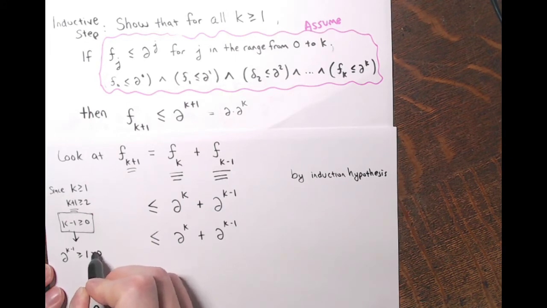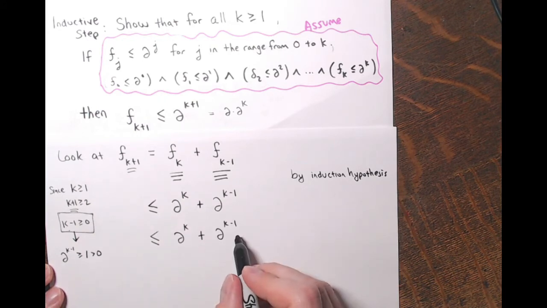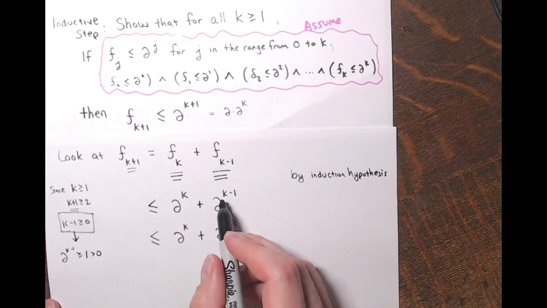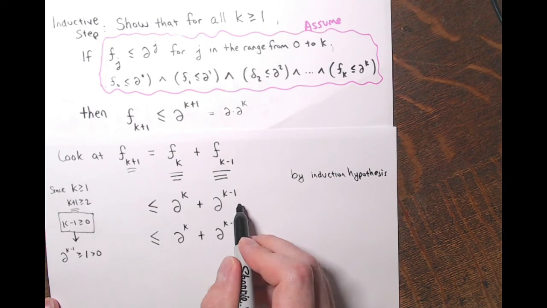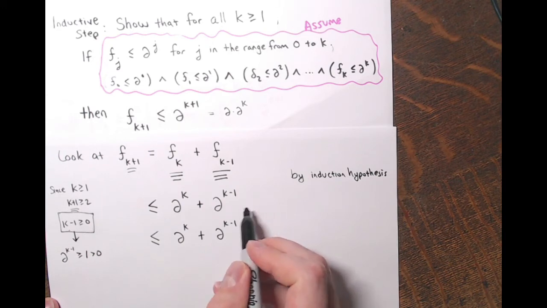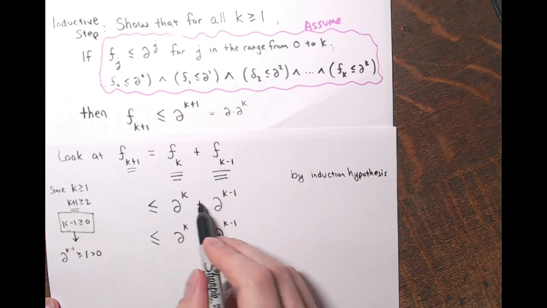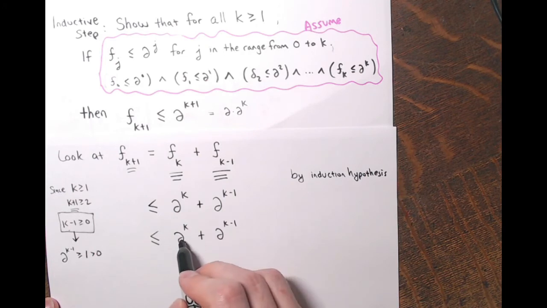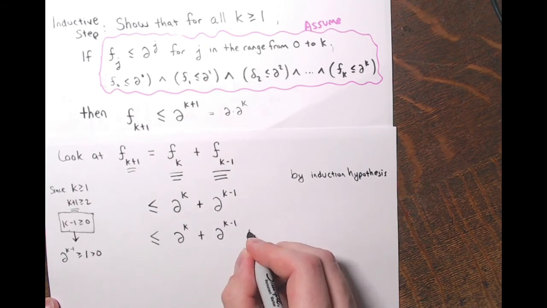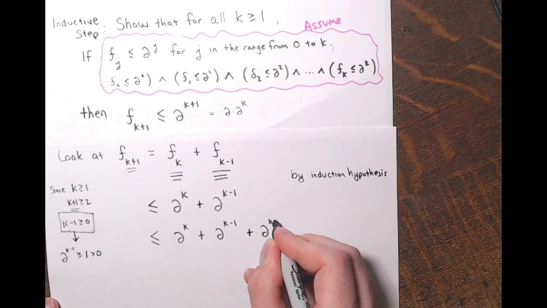So definitely positive. If you add more positive stuff to it, you're just going to make it bigger. So this expression is less than 2 to the k plus 2 to the k plus another 2 to the k minus 1.